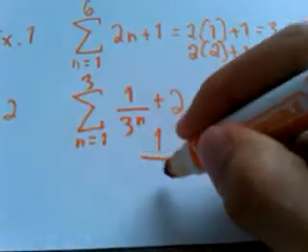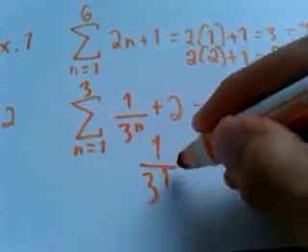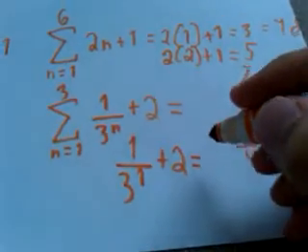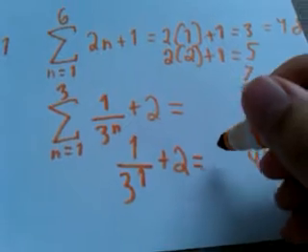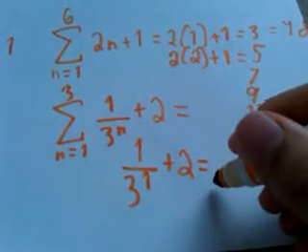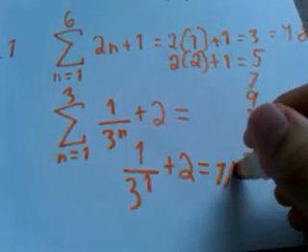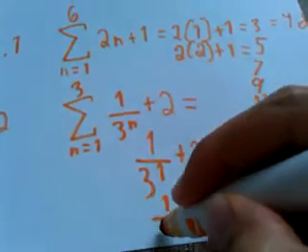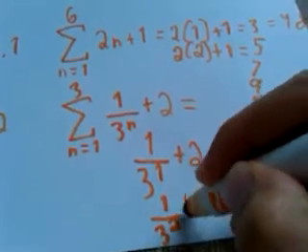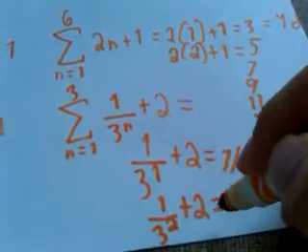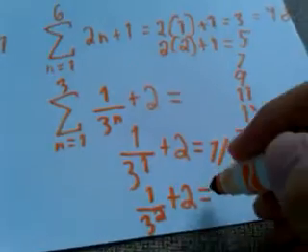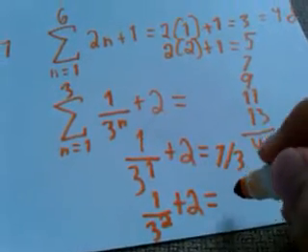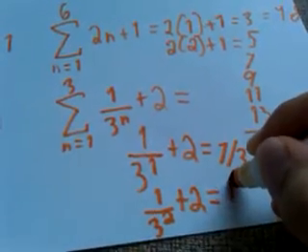So we start with 3 to the first, and we get 1/3 plus 2, which is 2 1/3, or 7/3. Then we have 1 over 3 squared plus 2, which equals 1/9 plus 2. So this is going to be 2 1/9, which would be 19 over 9.